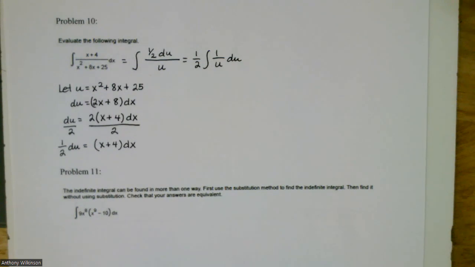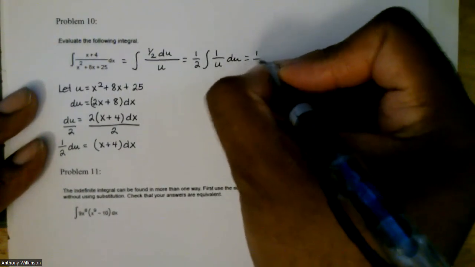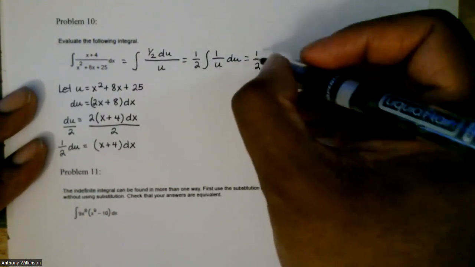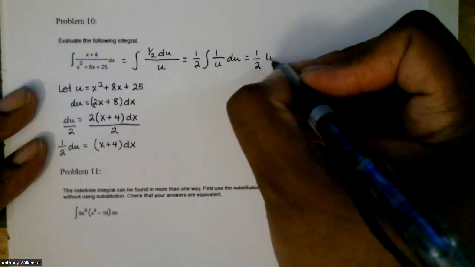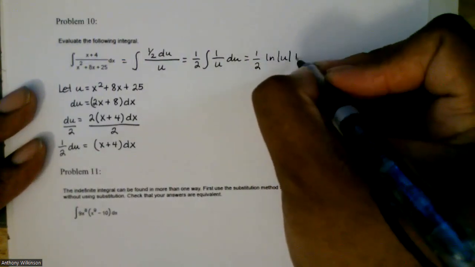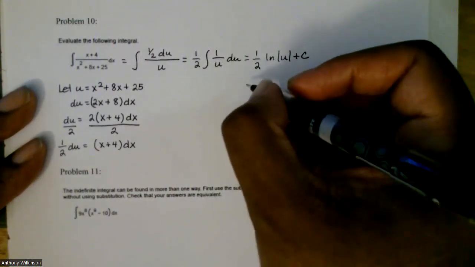And in this case, the integral of 1 over u du will be the natural log of the absolute value of u plus c. So I'll have 1/2 times the natural log of the absolute value of u, and then plus c.